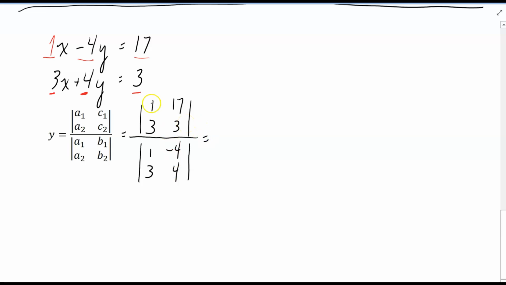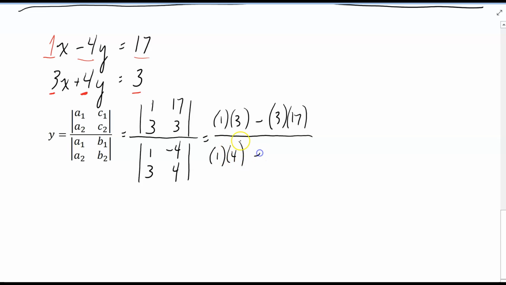We multiply 1 times 3 and subtract 3 times 17. Put that over 1 times 4 and subtract 3 times -4. In fact, we've already done this one. We know that that value is going to turn out to be 16 because we did it above.